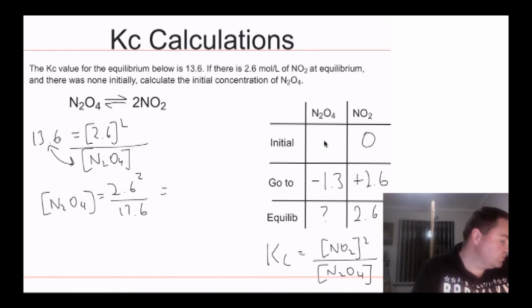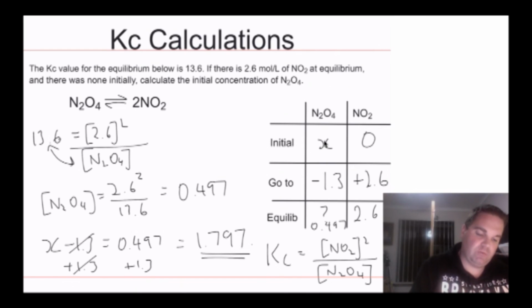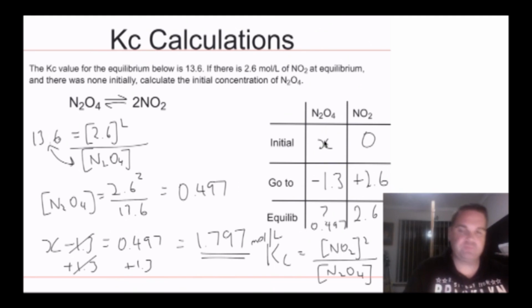You end up with a concentration here of 0.497. So down here our equilibrium is 0.497. So what happened here is we had a number, x, and x minus 1.3 is equal to 0.497. So if you add 1.3 to both sides, you cancel that out, and you get a value of 1.797. So that's our initial concentration of N2O4 in moles per litre.